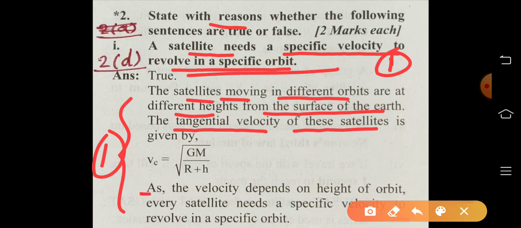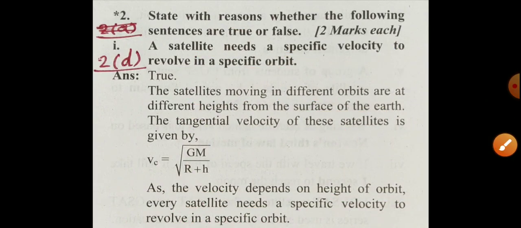As the velocity depends on the height of the orbit, every satellite needs a specific velocity to revolve in a specific orbit. All are getting? What are the last 3 lines? As the velocity depends on height of orbits, every satellite needs a specific velocity to revolve in a specific orbit. That is the explanation.